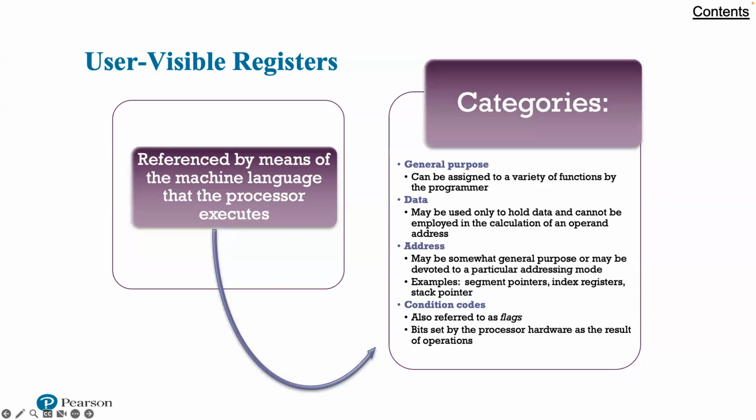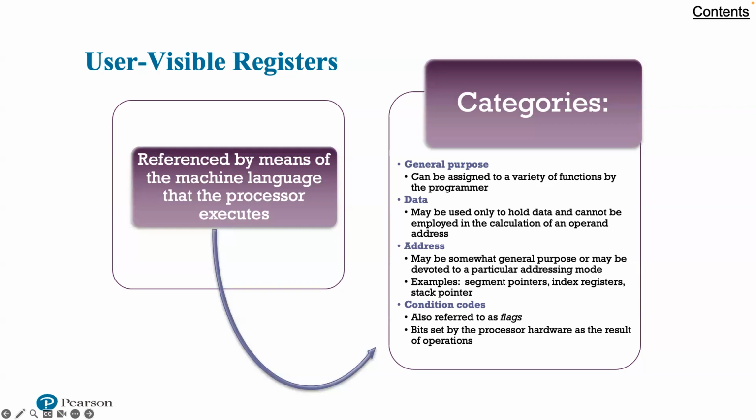If a machine has segment addressing, you can go back to section 9.3 to review that. A segment register holds the address of the base of the segment. There may be multiple registers, for example, one for the operating system and one for the current process.